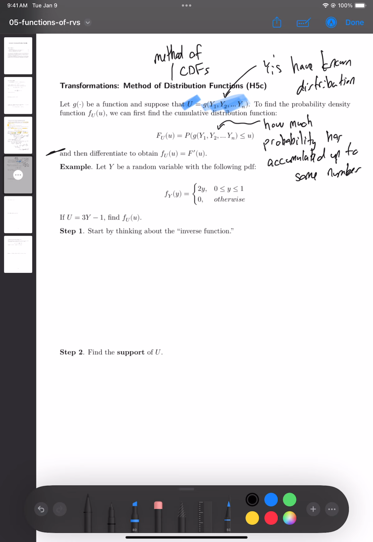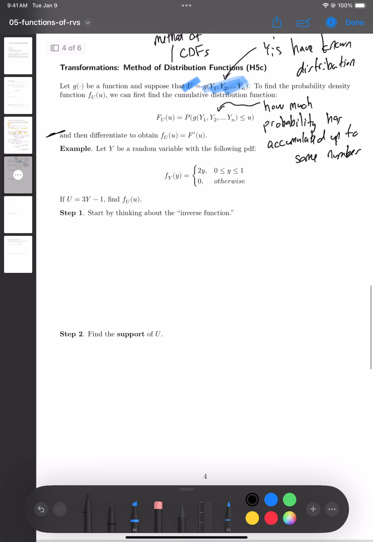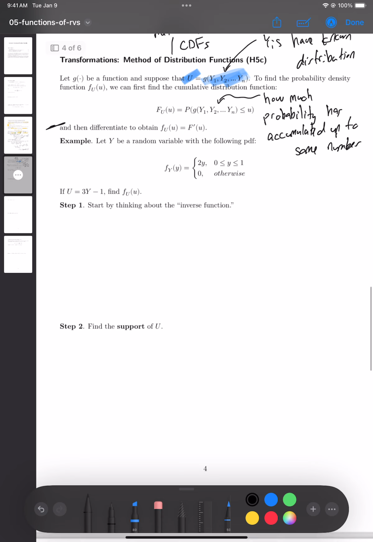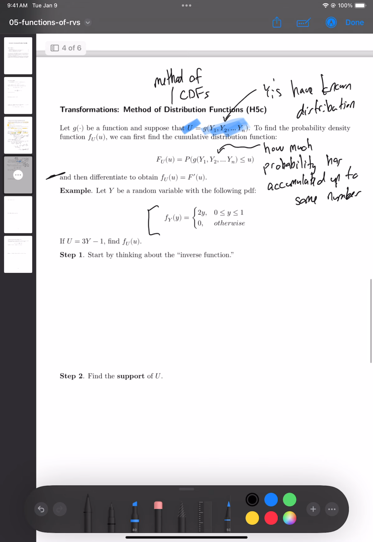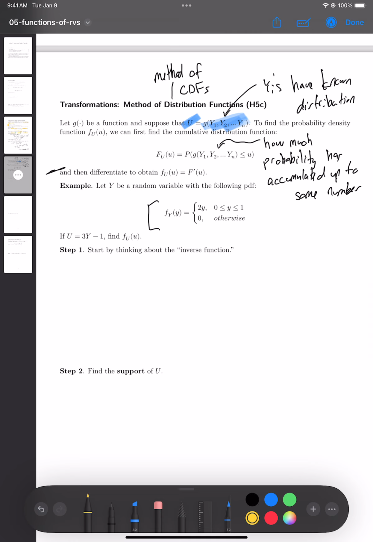Okay, so this will be a lengthy example. If you could believe it, in this entire video, we are only going to do one example, but that's how long these problems can be. We're supposing that we've got a random variable y where we know its PDF, and so we know the density of y.